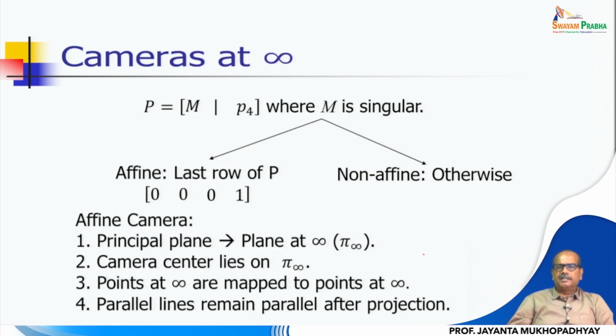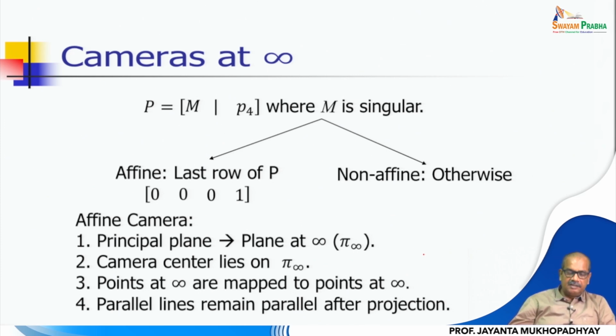So let us now consider some other cases of imaging geometry. One of the special cases is when cameras are at infinity, because we have seen that in this case you are not really getting a finite camera center, and the rays are not converging as in the Euclidean sense. So in such a case, the camera center lies on the plane at infinity, and there are two situations.